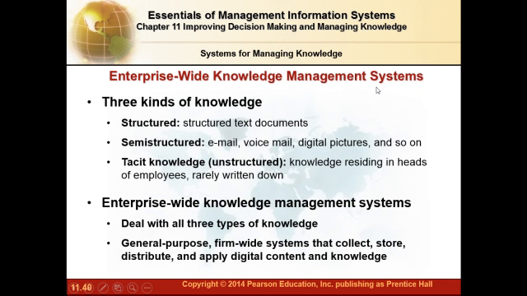Enterprise-wide knowledge management. Knowledge exists throughout the enterprise in 3 basic forms: structured, semi-structured, and tacit or unstructured knowledge. Structured text documents such as reports and PowerPoint presentations are the structured ones. Semi-structured is such as email, brochures, pictures and graphics.